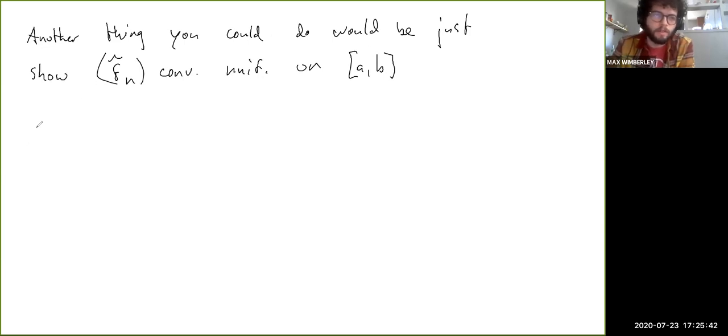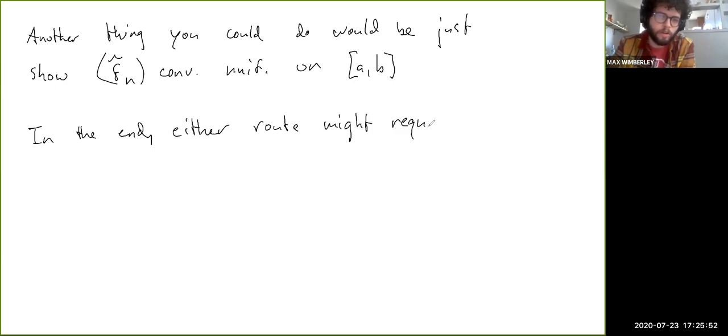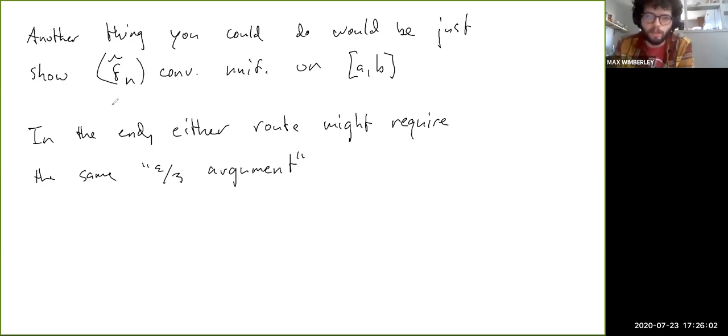But in the end, either route might require the same epsilon over 3 argument. So I'm not actually sure that either one of these is easier than the solution that the book hinted at.